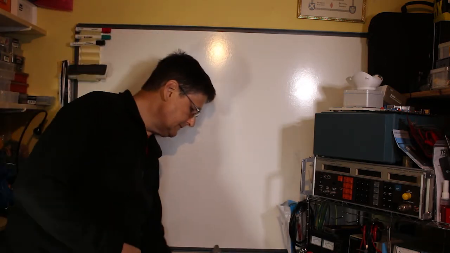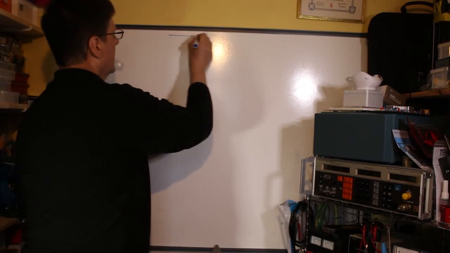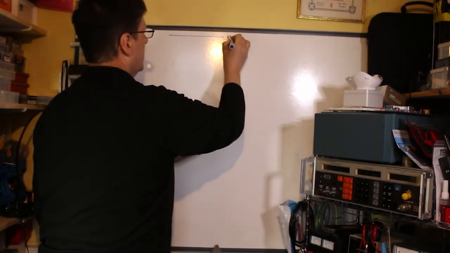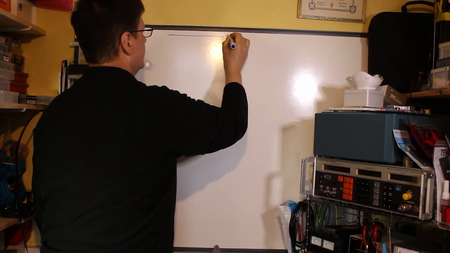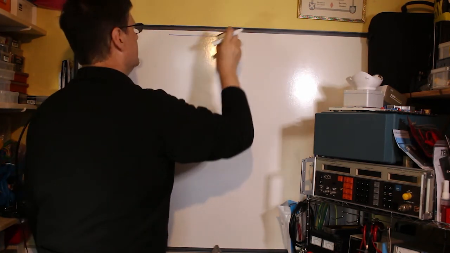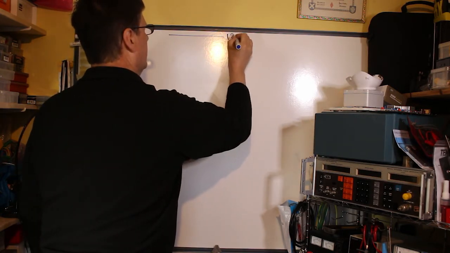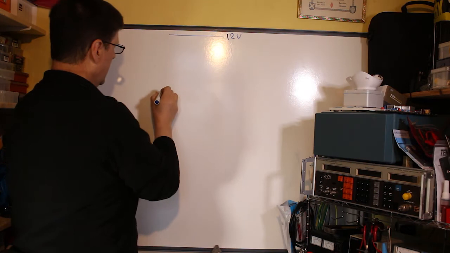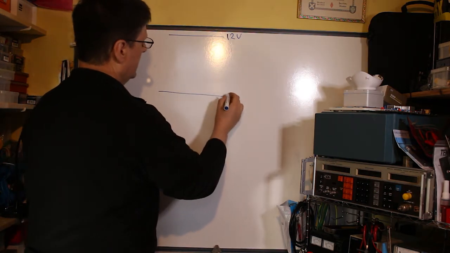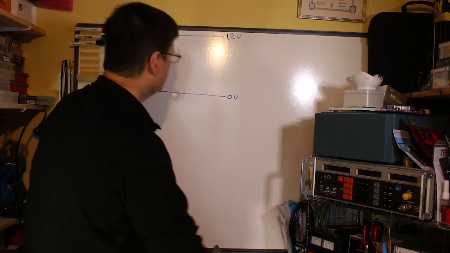So we have a diagram. We've got our 12 volt supply line, and we have got our 0 volts supply at the bottom.